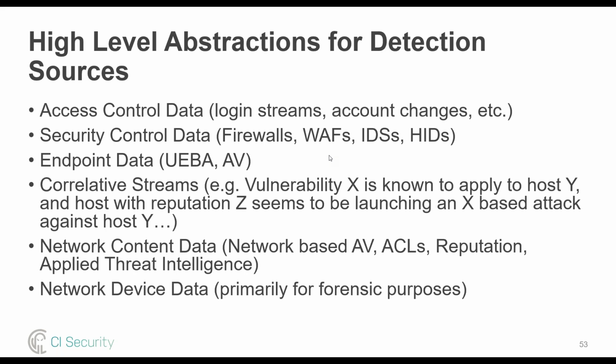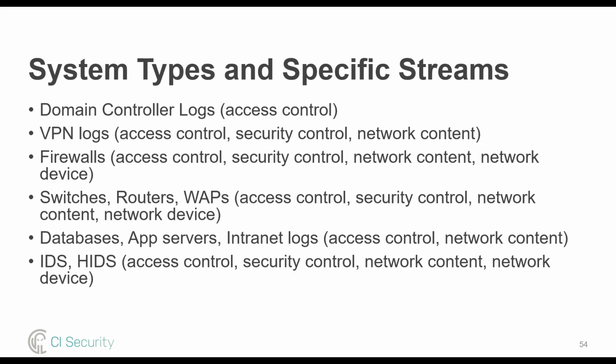And then network content data, obviously, the network-based AV, ACLs, reputation hits, and so on. And then device data, primarily for forensic purposes in terms of network streams. And then I think the final dump screen of the lists, what would be on those lists?